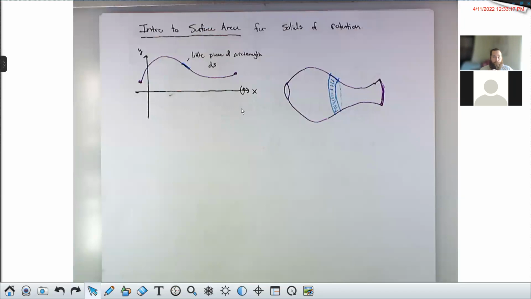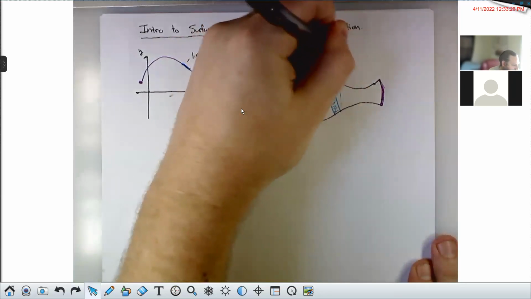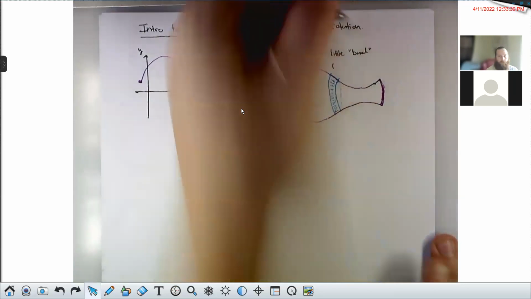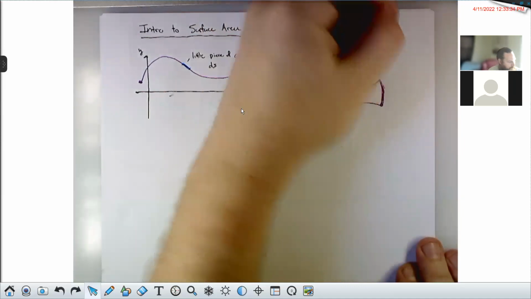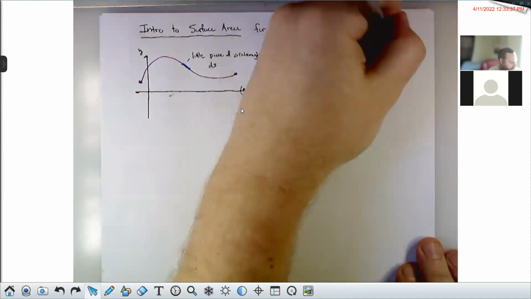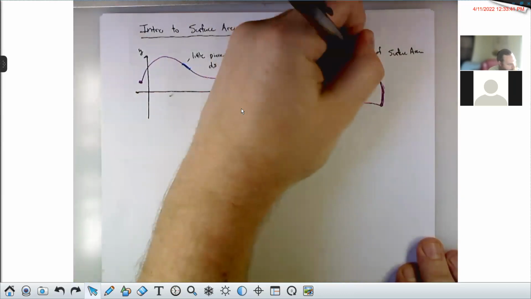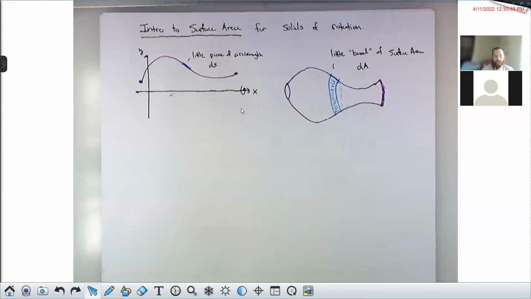And what I want to do is measure the area of that little band. Think like a watch band, right? And I'll call this dA, A for area.